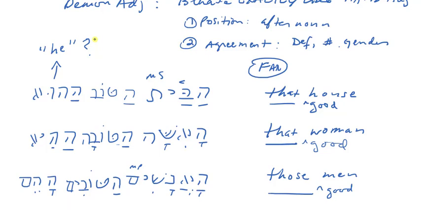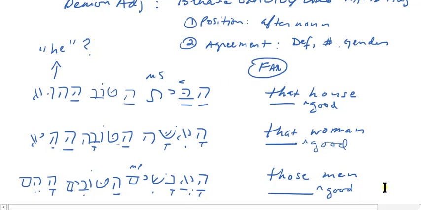And would that make sense? The house, the good, the he. No. The independent pronoun never, ever occurs with an article on it. Ever. Okay? So if there's ever an article on it, it can only be the far demonstrative, that or those.